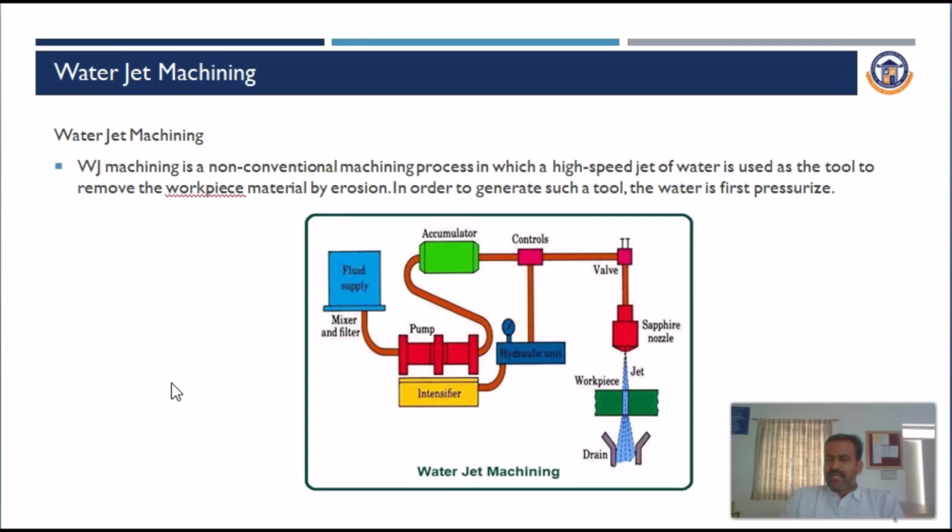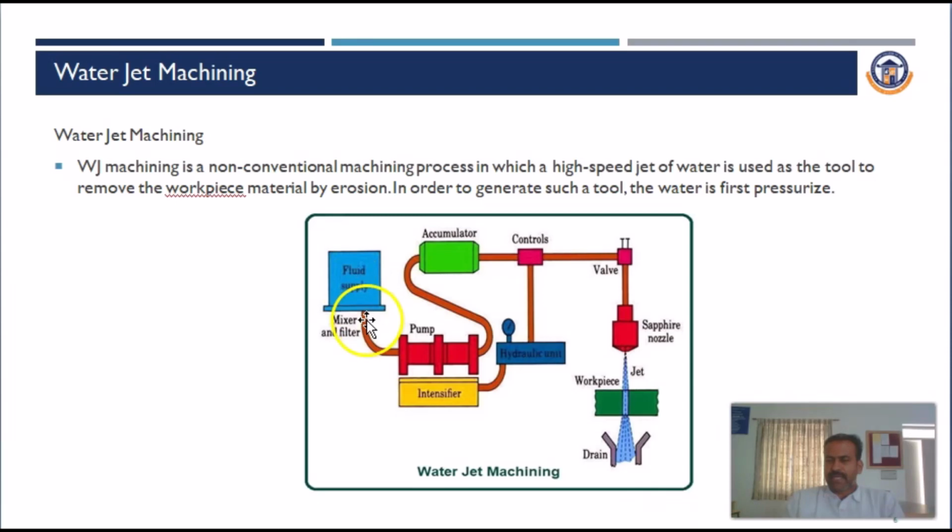In order to generate such a tool, the water is first pressurized. You see the entire unit of this water jet machining process. The first one is the fluid supply. First we load the water reservoir into the fluid supply tank.